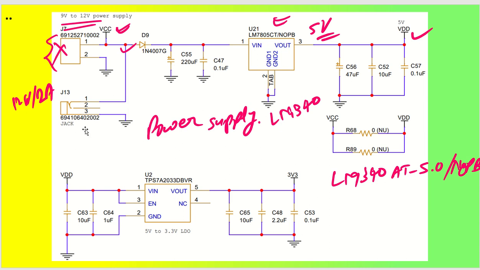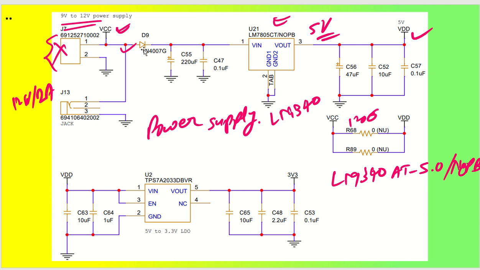One more thing I have done is that VCC is directly connected through resistors. This is a 1206 package resistor, which has a little higher rating, and goes directly to VDD. Sometimes you have input coming from some other board that is directly giving you a very filtered 5 volt output.